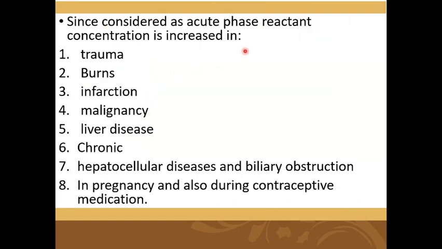Since it is considered an acute phase reactant, concentration is increased in trauma, burns, infarction, malignancy, liver disease, chronic hepatocellular disease, biliary obstruction, in pregnancy and also during contraceptive medication.